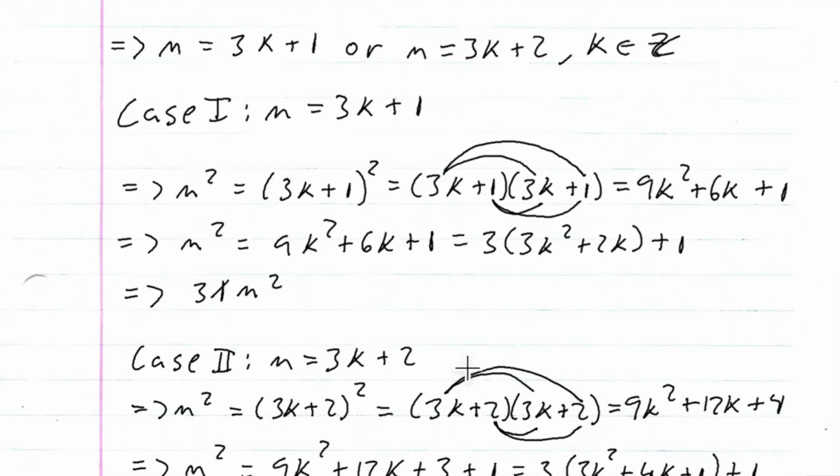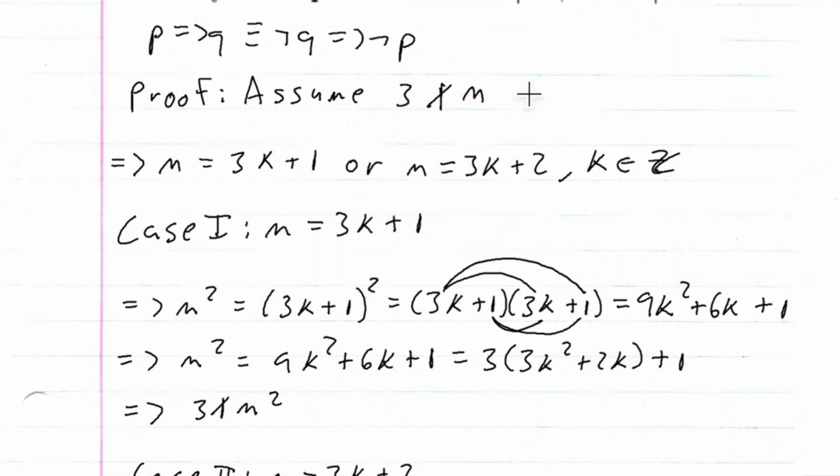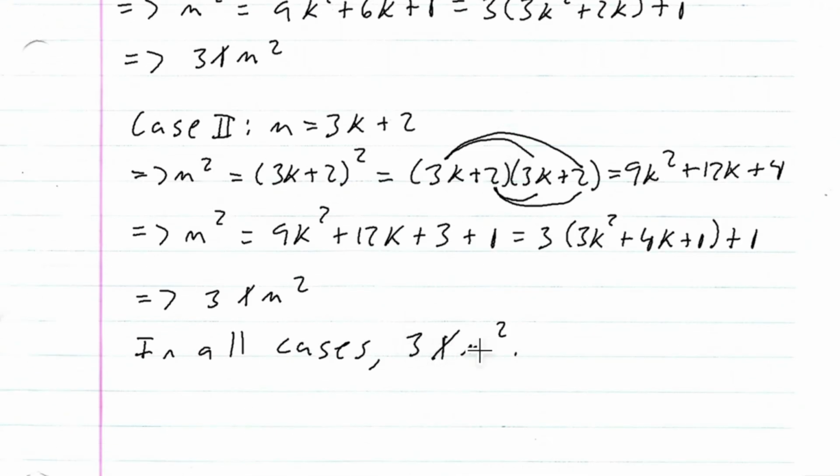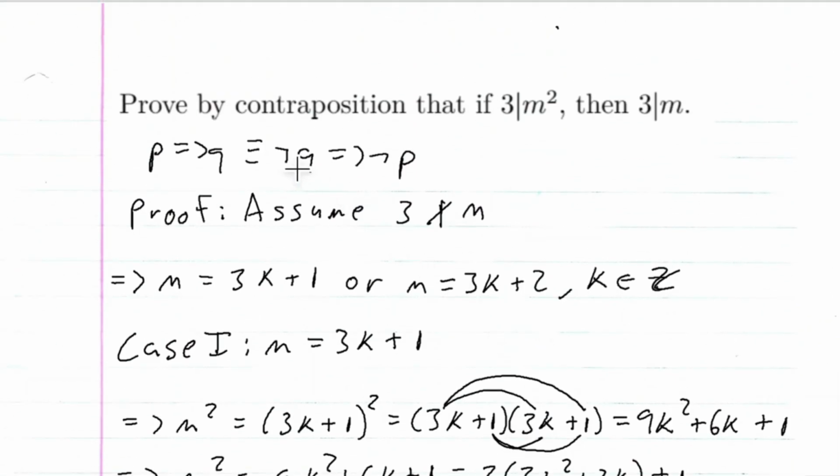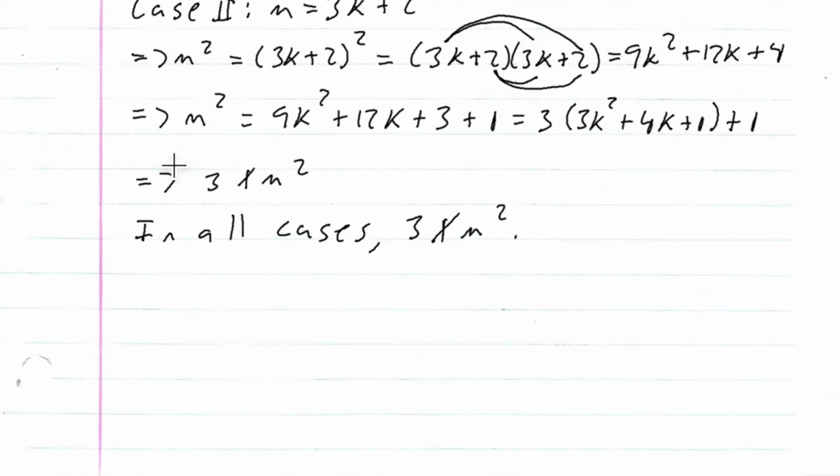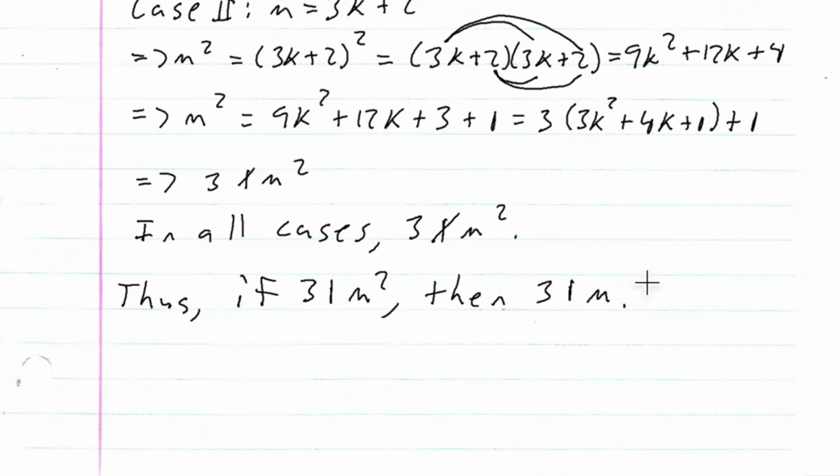Thus, we've shown that if 3 does not divide m, then 3 does not divide m squared. So we've shown not Q implies not P, so that means P implies Q must be true. So thus, if 3 divides m squared, then 3 must divide m. And that is the proof.